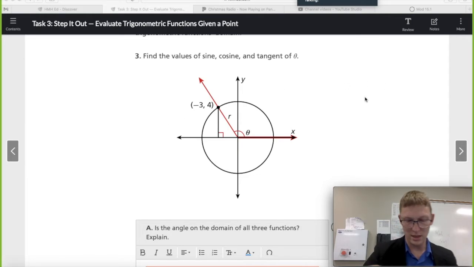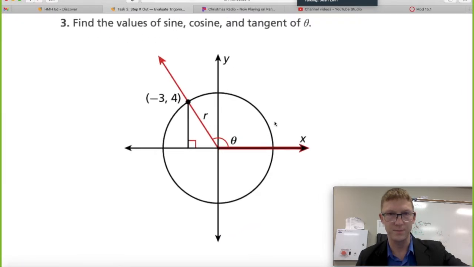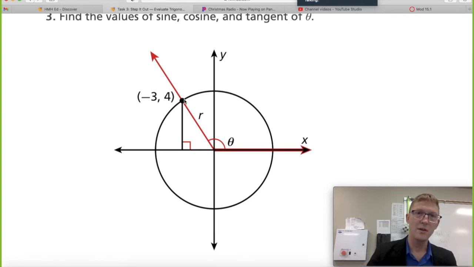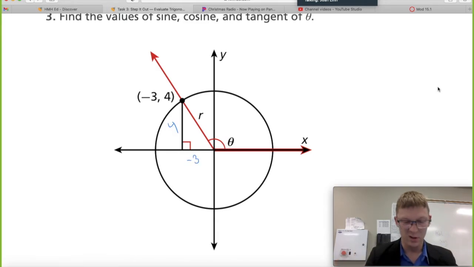In this triangle that they have drawn for us, because this point is -3, 4, we know that our x is going to be -3. Let me change colors. So our x is -3 and our y is 4.